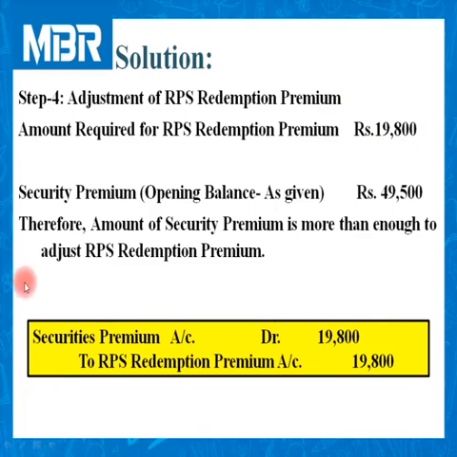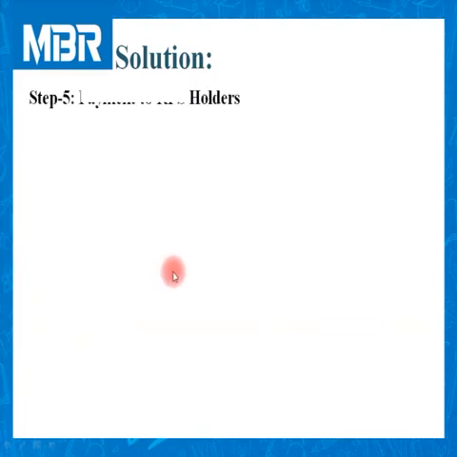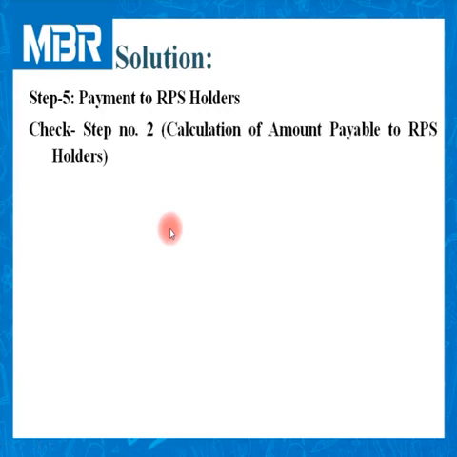At the end of step number 4, now we are ready to pay amount to RPS holders, type A and type B, or type 1 and type 2 altogether. So calculation of amount payable to RPS holders, that we have already done in step number 2. You can revise step number 2 for this calculation.